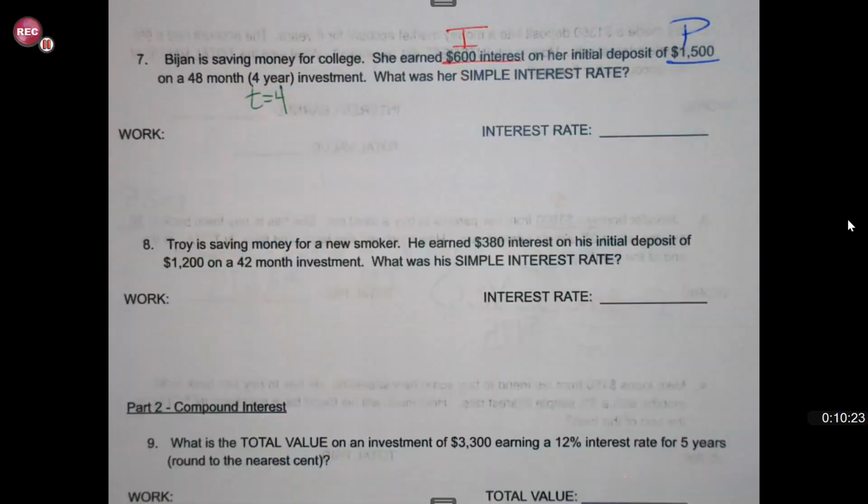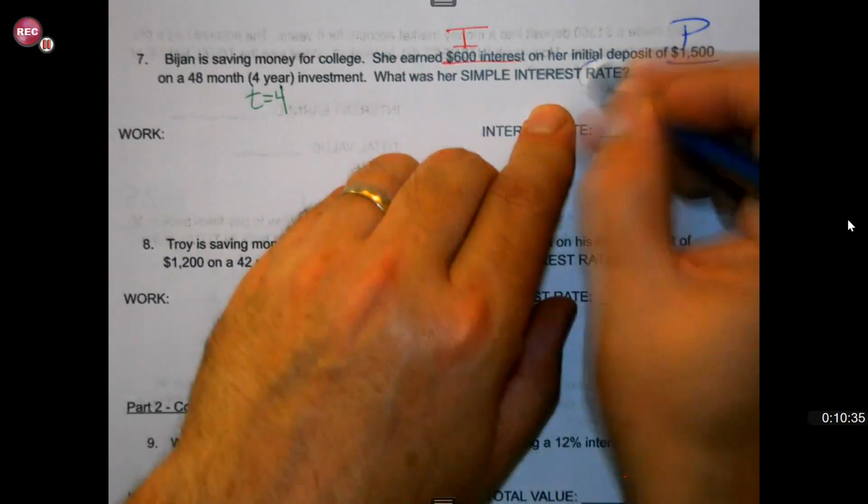I was nice and put the 4 in there that time. Will I be that nice tomorrow? Who knows? What was her simple interest rate? Trying to find the rate.